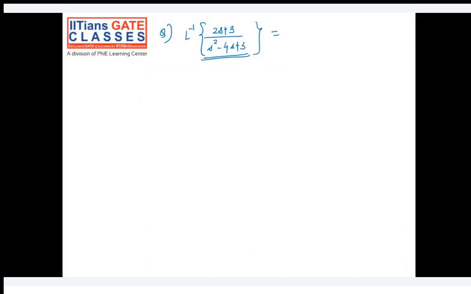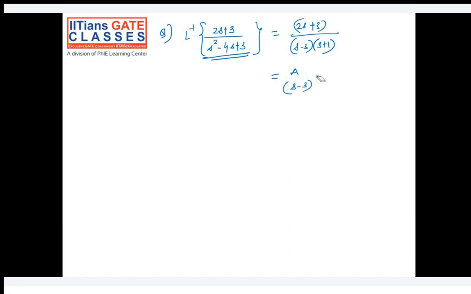You can write it as s minus 3 and s minus 1. Correct? So I can write it as 2s plus 3 divided by s minus 3 and s plus 1. Directly you can write it, denominator. So in this case, I would suggest better to go for the partial fractions rather than doing adjustment.